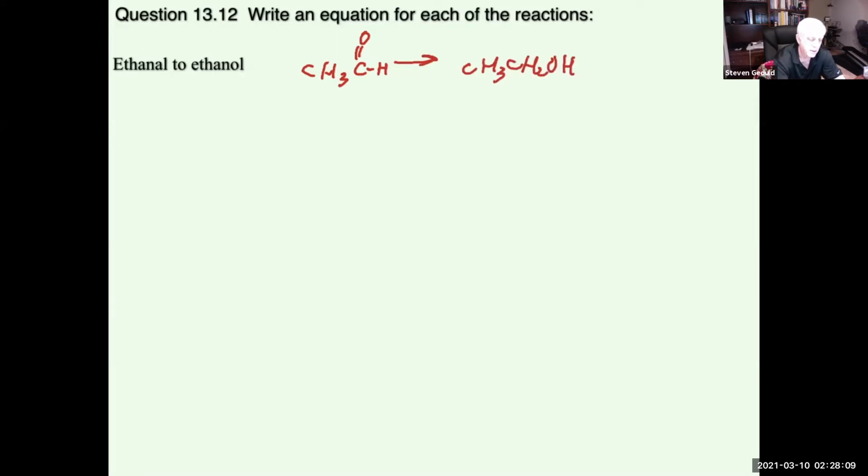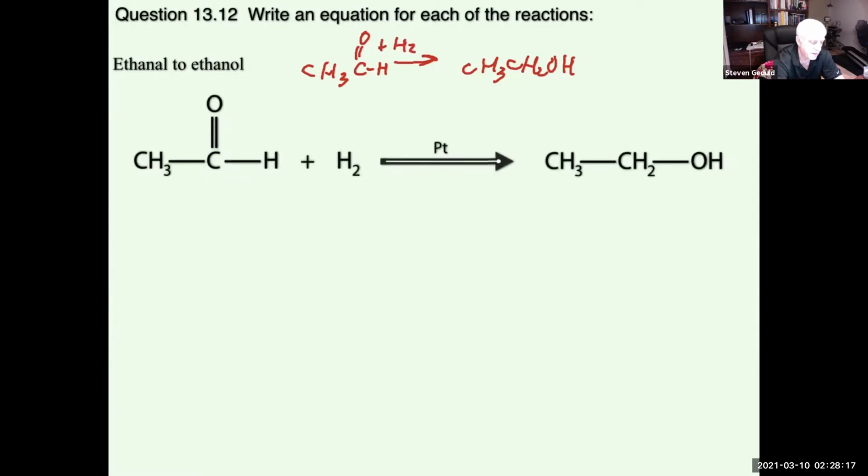Basically you've added hydrogen, so plus H2. So ethanal to ethanol, and you've added hydrogen across the double bond. So this was a reduction reaction. You've added hydrogen.